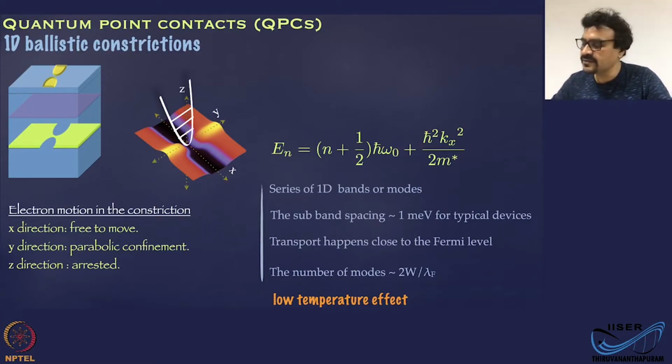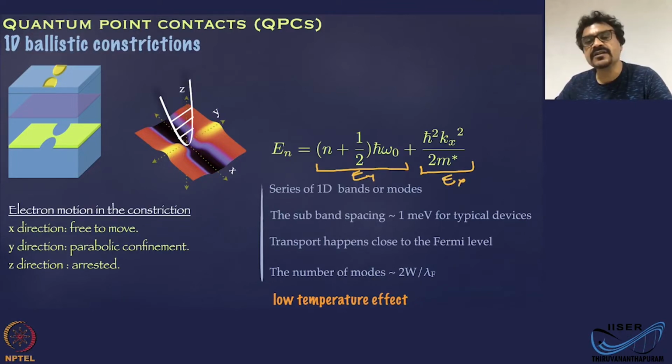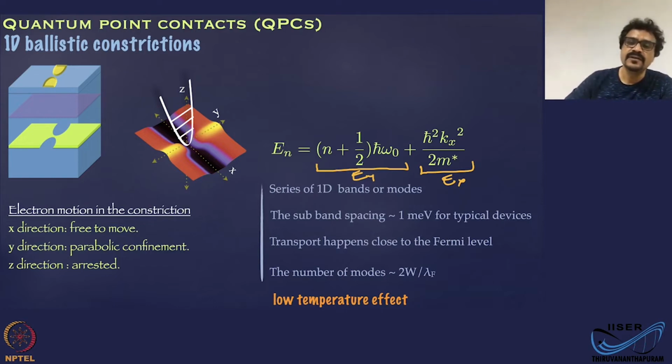So this is the energy along the y direction, and this is the energy because of the motion along the x direction. This is energy due to the confinement in the y direction. And this is the total energy.